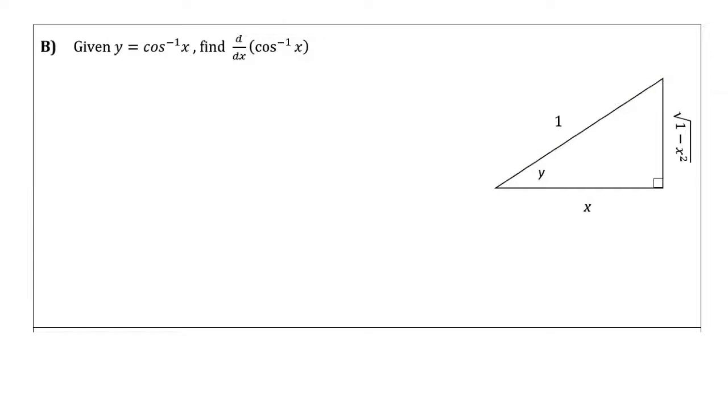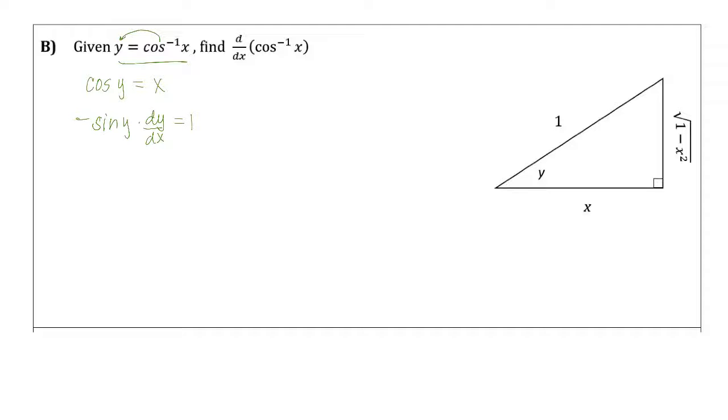Okay, by a similar process, we can set this up and show where that formula is coming from. Again, we can move this back over. This was originally saying cosine of y equals x, and then we can do the derivative of both sides. The derivative of cosine is negative sine of y times dy dx equals 1.